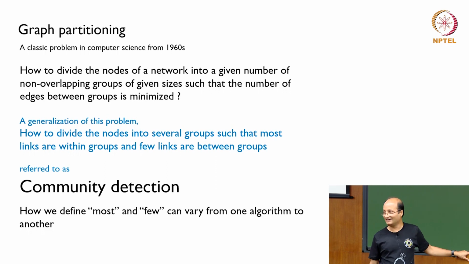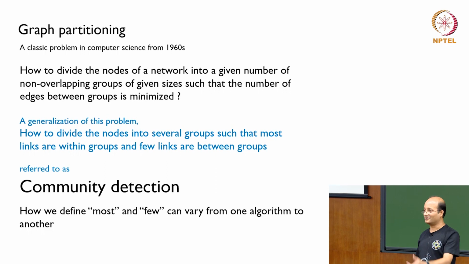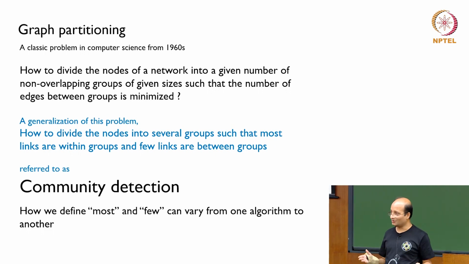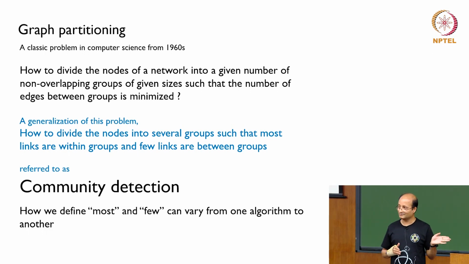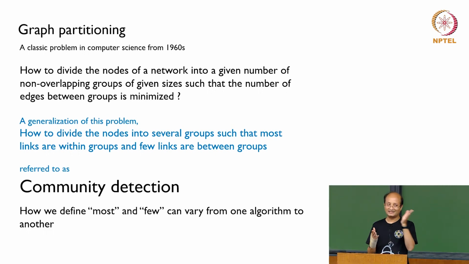But in general, you don't know how many modules there are, and that is the most general problem. How do you actually approach it? The classic algorithm, graph bisection, says bisect it, then take each of the separate parts and again try to bisect them, and keep doing this until you can go no further.